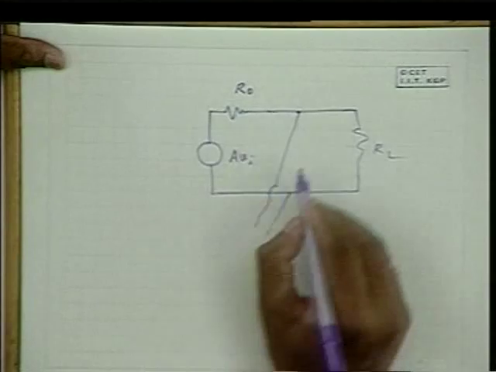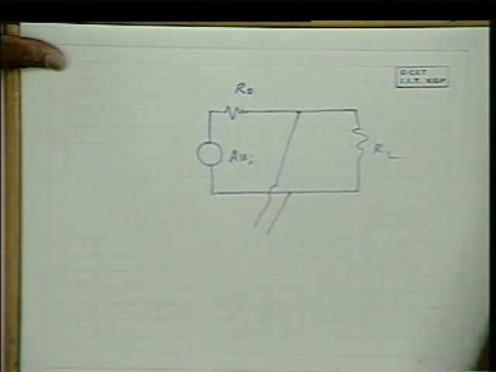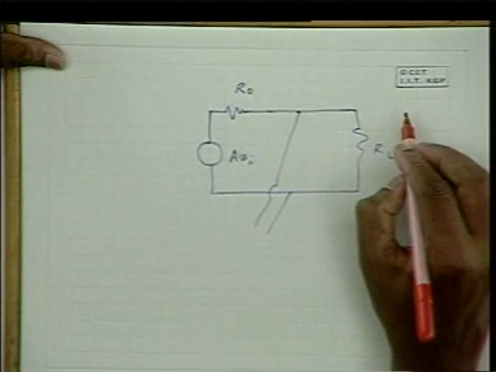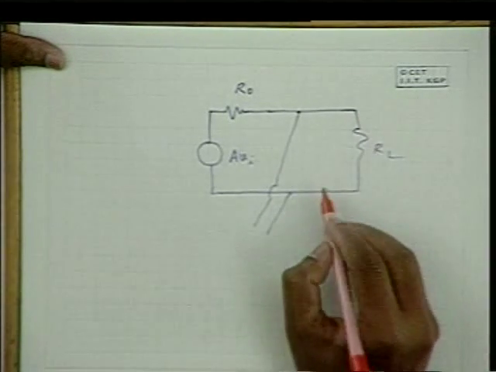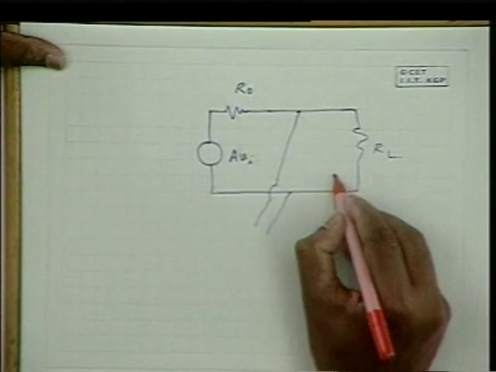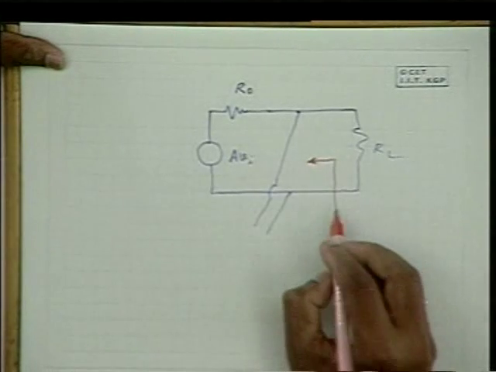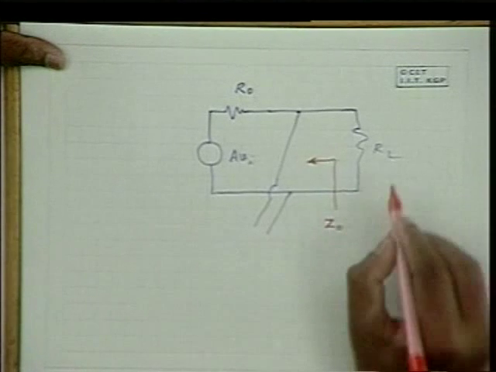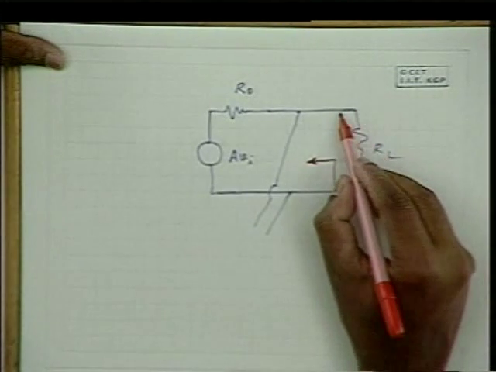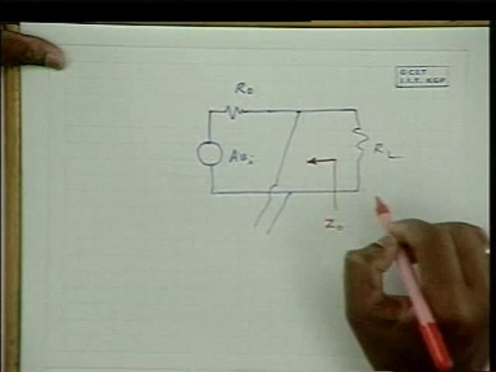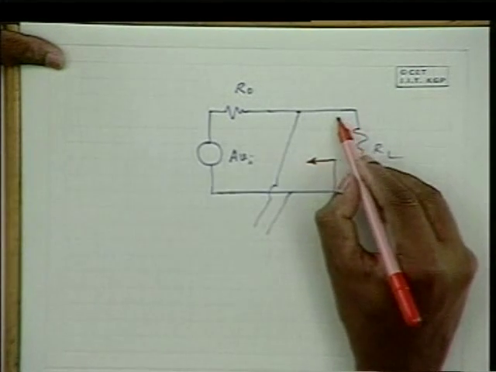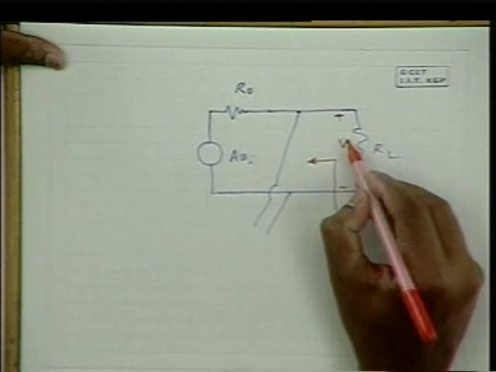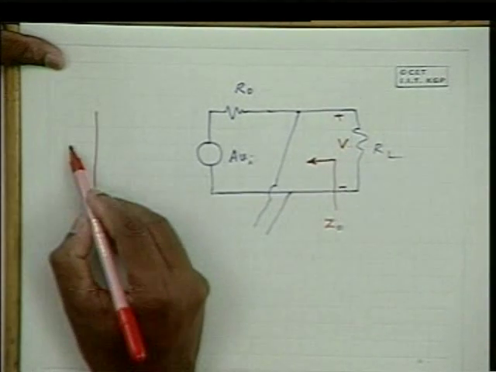Now, since we are interested in the output side, let us concentrate on the output side here. And how do you determine the output impedance? The output impedance is determined by removing the load resistance and exciting the output by a voltage source V, and short circuiting the input side.